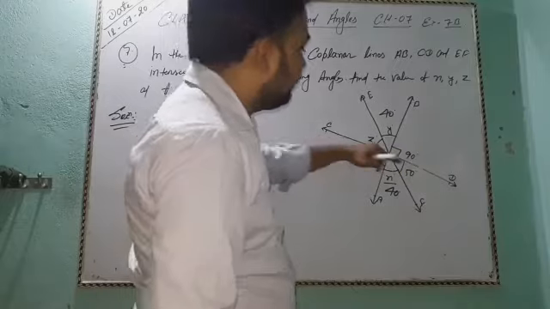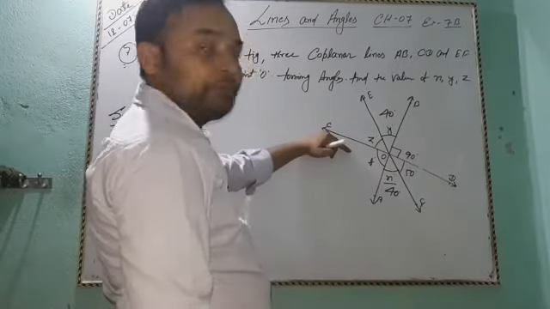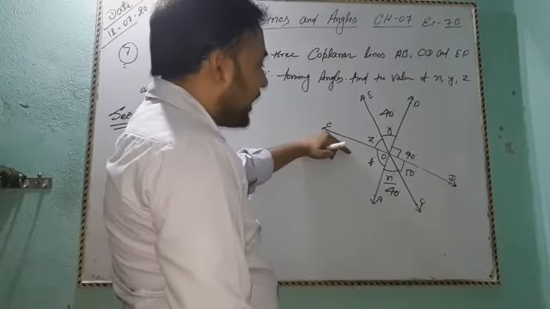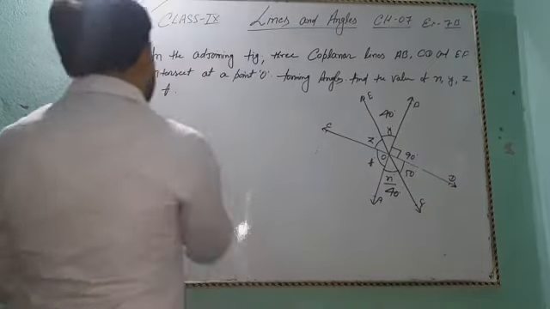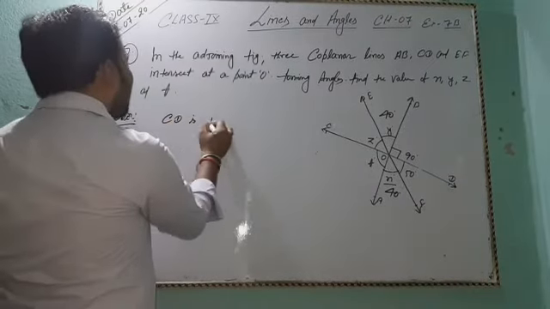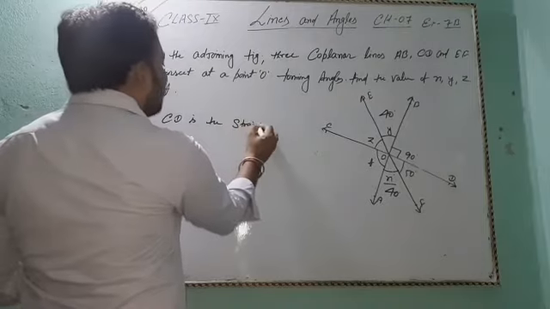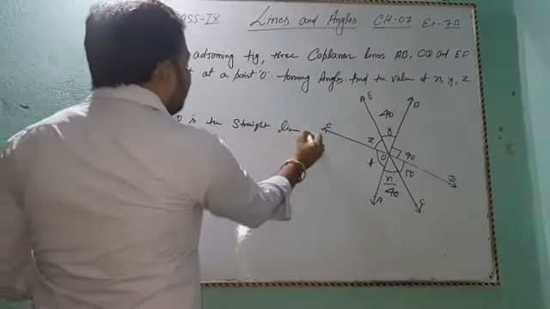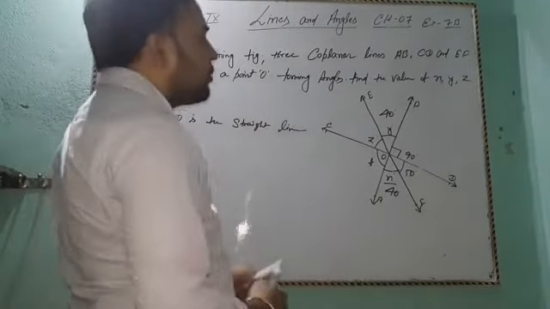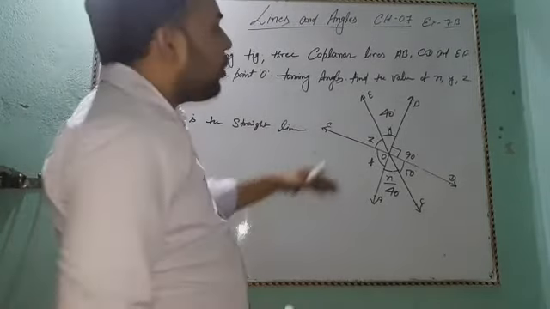CD is the straight line, and we know that the sum of all angles on the same side of the line CD at the given point O is 180 degrees.